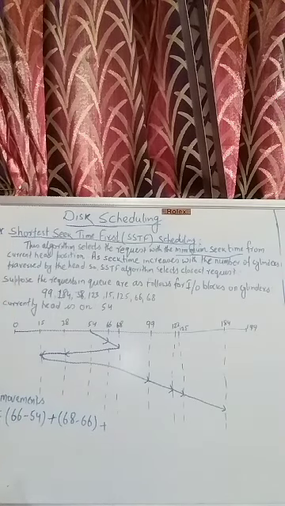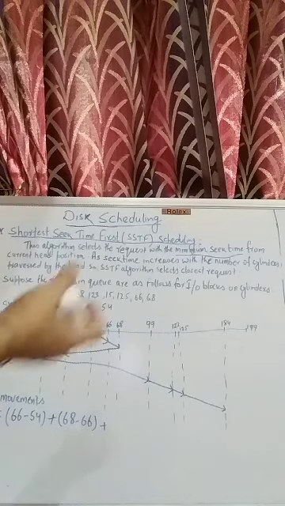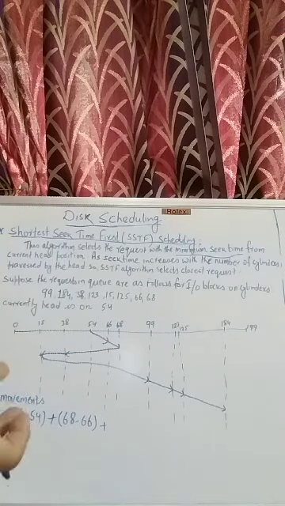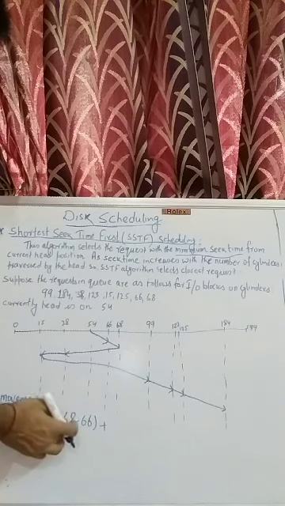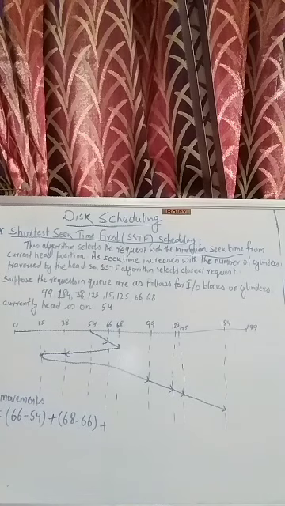Because the movement of the head is always positive, the higher number is placed first, then the lower number.